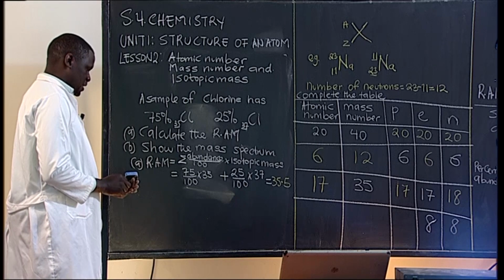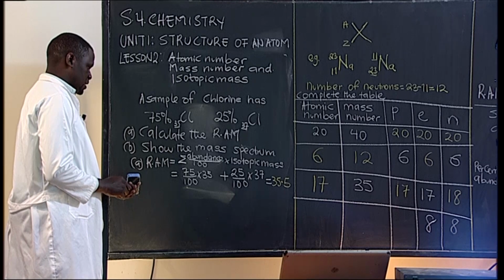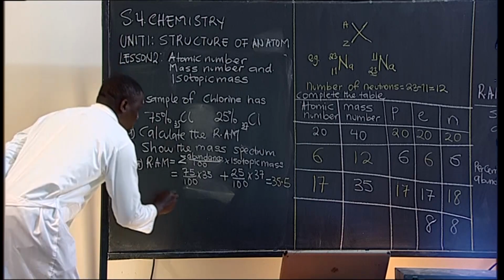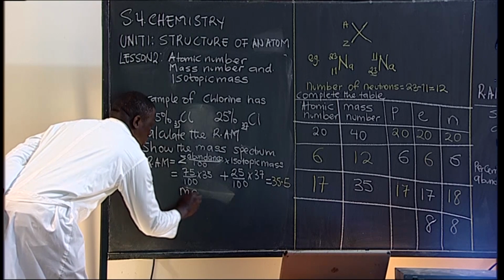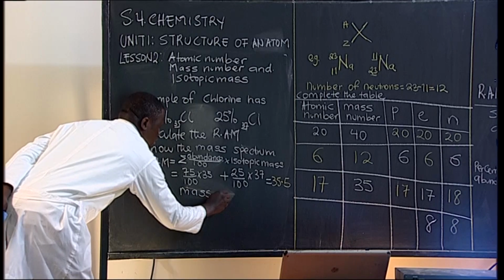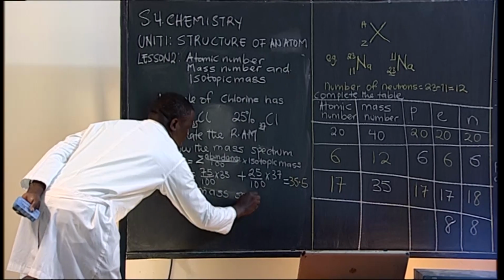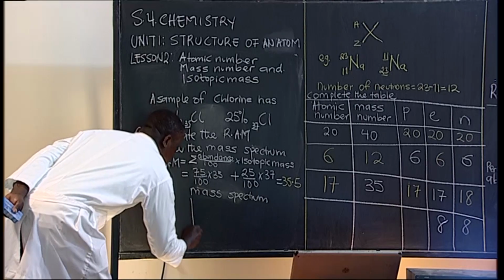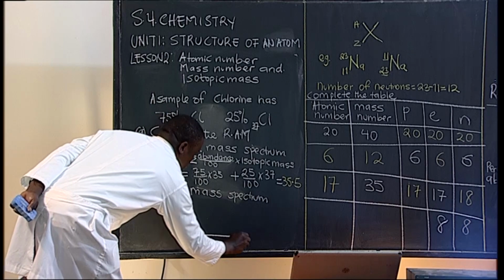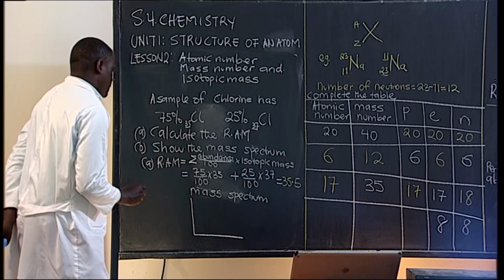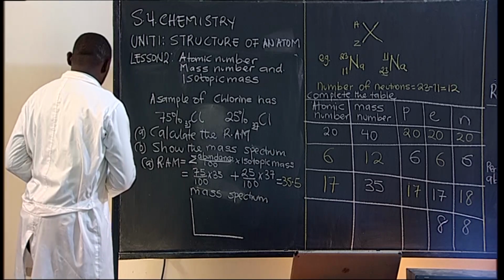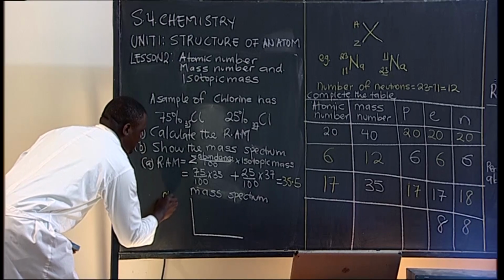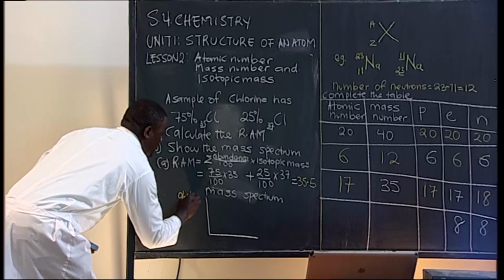Now we want to show the mass spectrum. So we can say our mass spectrum, as we have said in our illustration, though we didn't finish there, here we can put the percentage abundance.